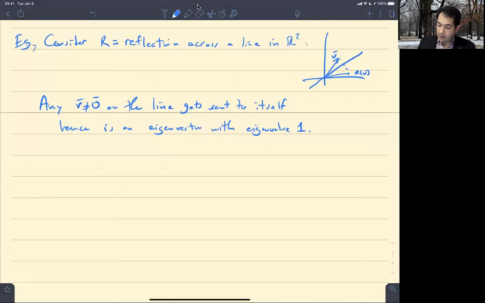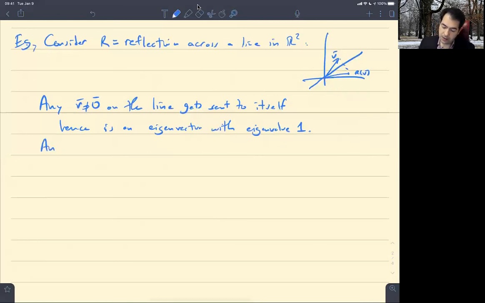Okay, but that's not all. The other possibility is if you want this line and this line to coincide, right, the only time that's going to happen is when the vector is perpendicular to the line. Because if the vector is perpendicular to the line, then it gets reflected to just minus itself. Right?